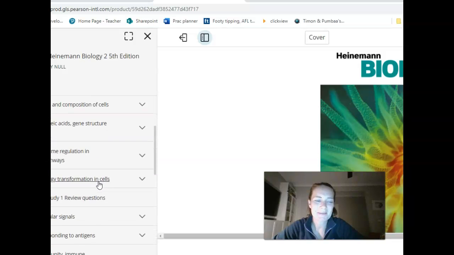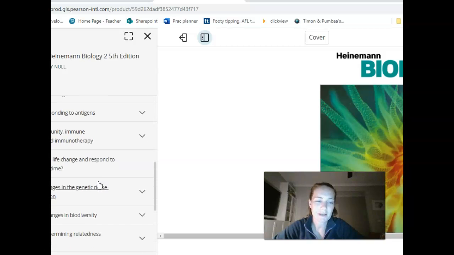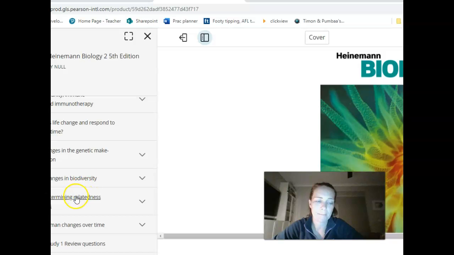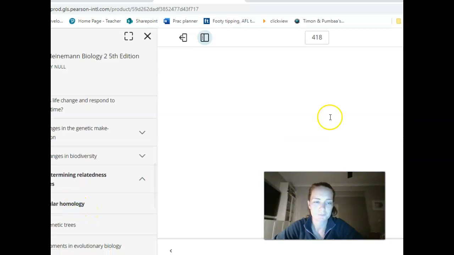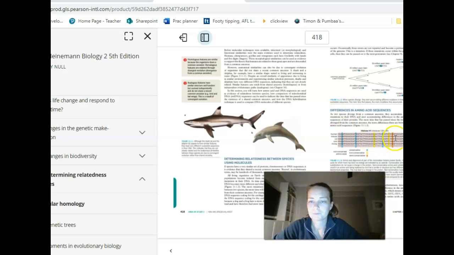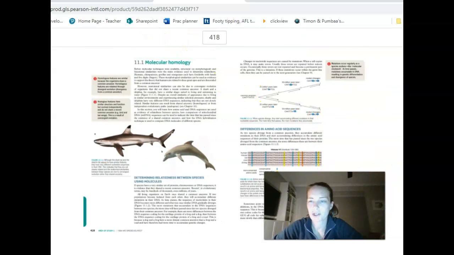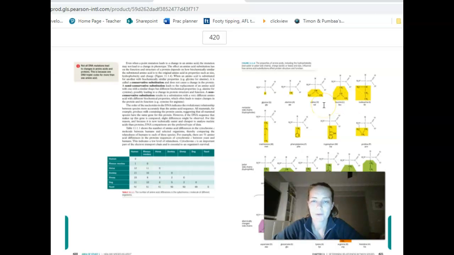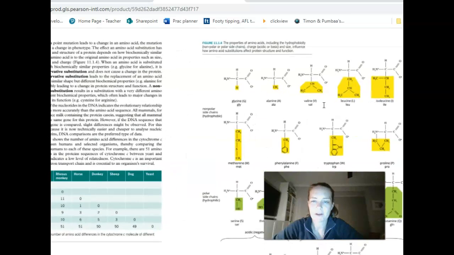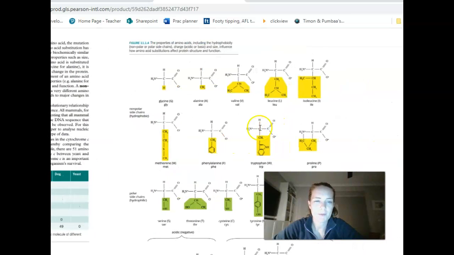So when we're comparing amino acid structures, some amino acids are more alike than others. And that refers to their R group structure. Remember, each amino acid has a constant region and a variable group, that R group.